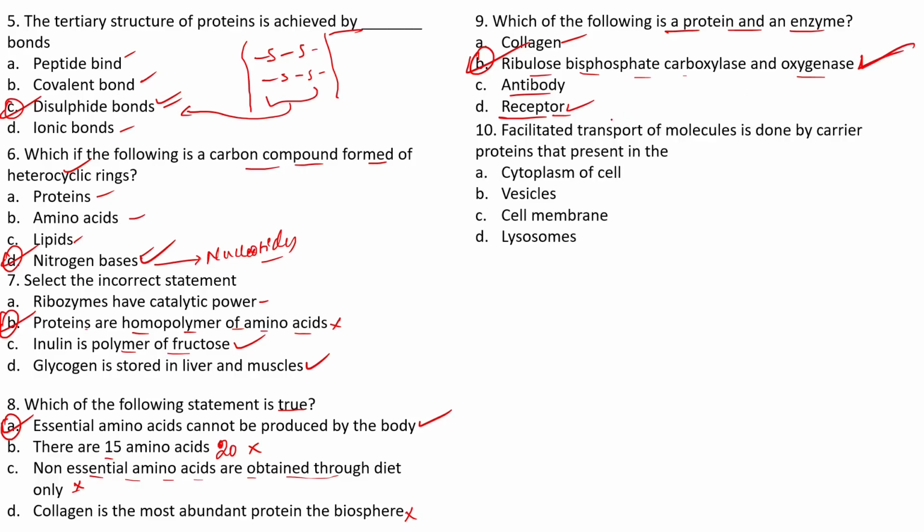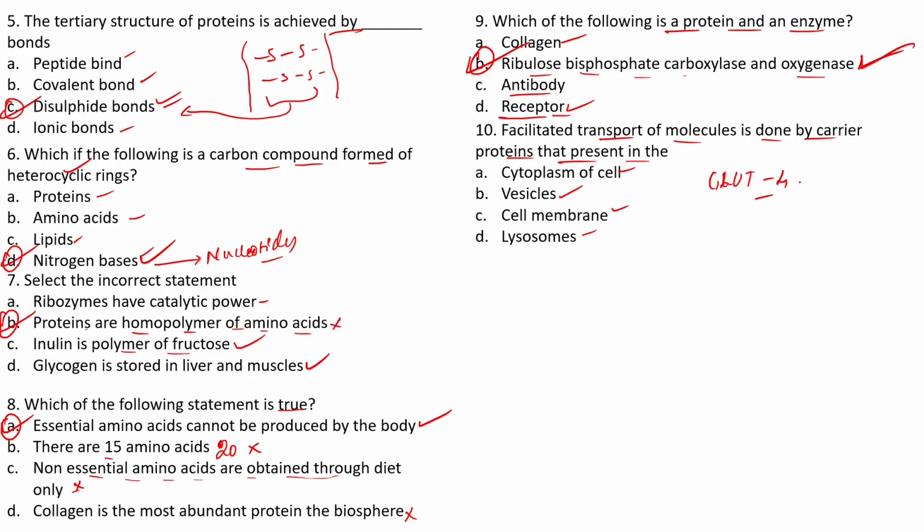The next one: facilitated transport of molecules is done by carrier proteins that are present in the cytoplasm of the cells, vesicles, cell membrane, and lysosomes. One example we studied in proteins was GLUT4, right?